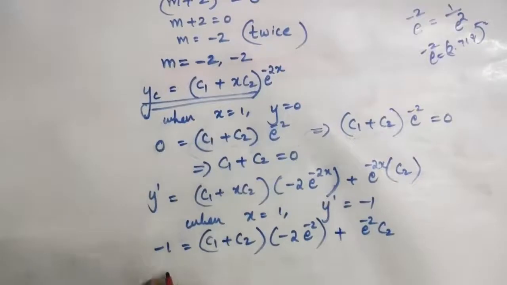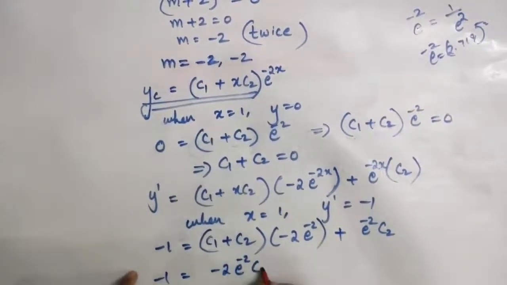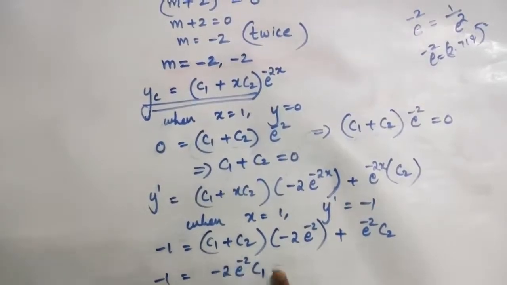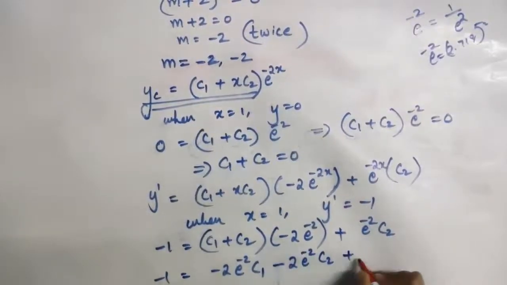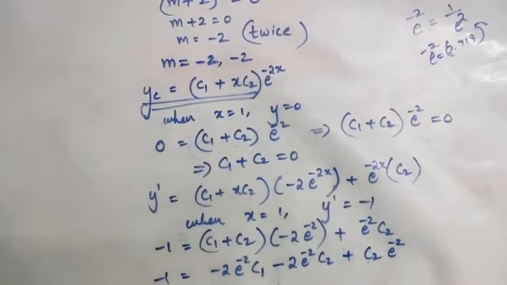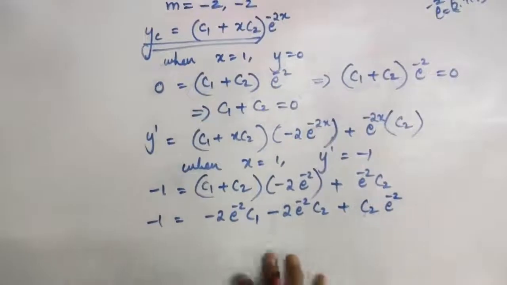Now further if you simplify, it will be minus 2 into e to the power minus 2 c1. Multiply this over here, plus minus 2 into e to the power minus 2 c2 plus c2 into e to the power minus 2. You will get it something like this.